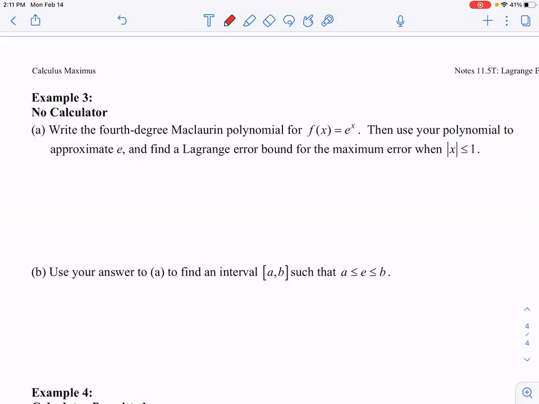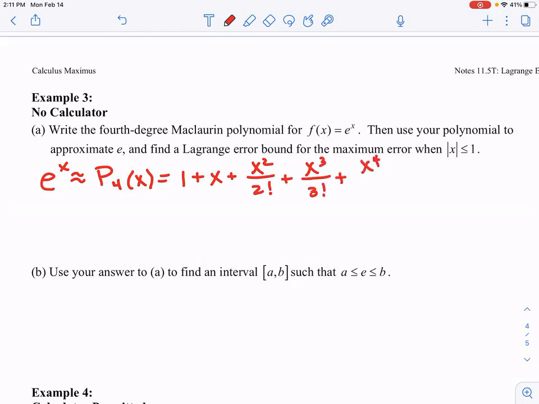What's our second derivative? What's our third derivative? Okay, and what's e to the 0? Okay. So e to the x is approximately, we're going to write a 4th degree polynomial where e to the 0 is 1 plus our first derivative of 0 is 1 plus our second derivative is 1. Our third derivative is 1. Our fourth derivative is 1. And eventually you're going to remember that that's the pattern, but not today.